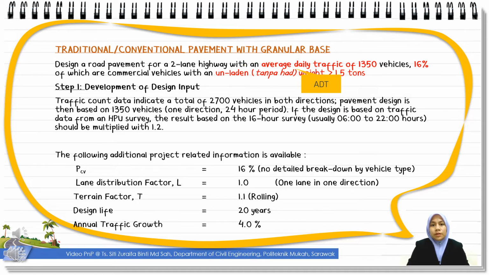B. Percentage of commercial vehicle, CV, with an unladen weight of more than 1.5 ton, PCV, and breakdown into vehicle category shown in Table 2.1. C. Average annual traffic growth factor R for CV.